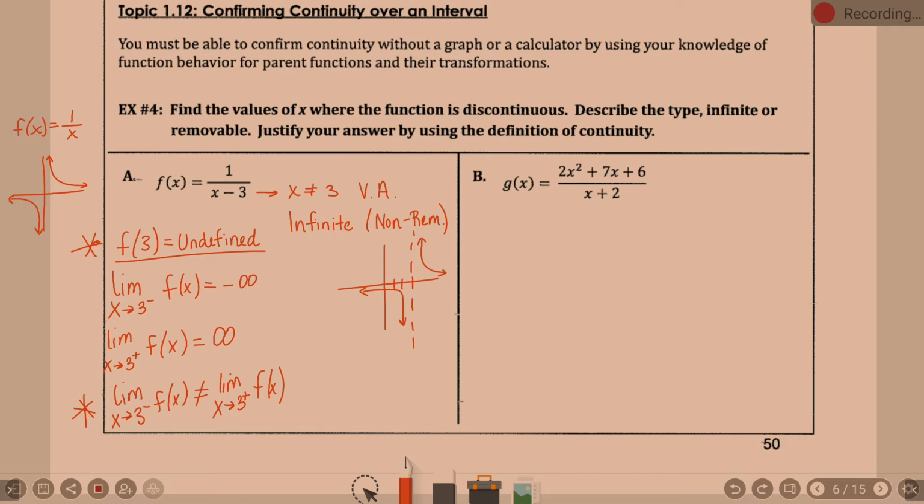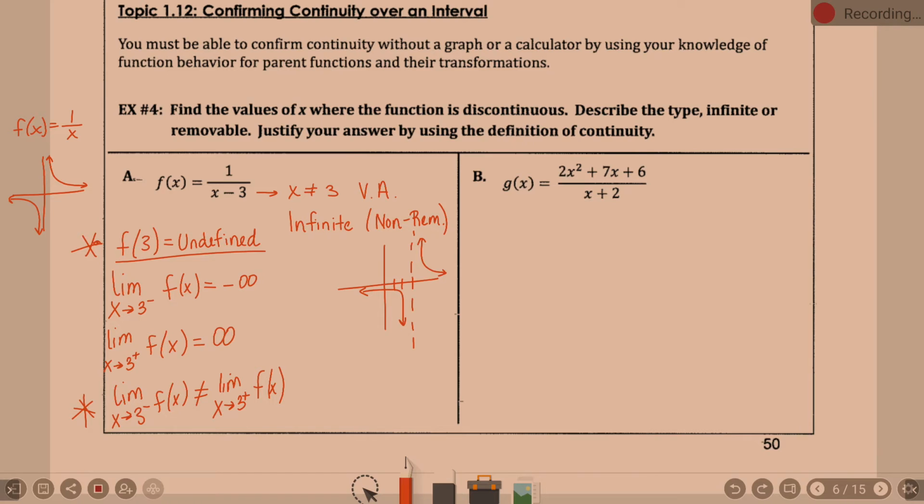We didn't even get to whether the limit equals the point. Here you go, Doug: an undefined point, a point that does not exist, and a limit that does not exist, but it's still not continuous. That point doesn't exist because it's on an asymptote, and my limits didn't equal each other either.